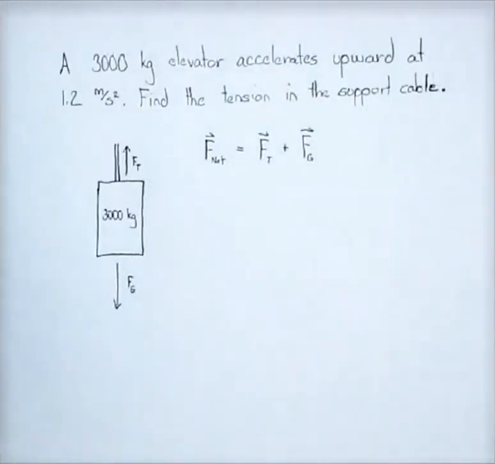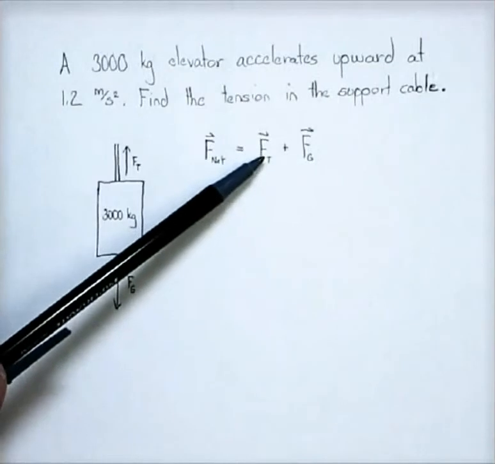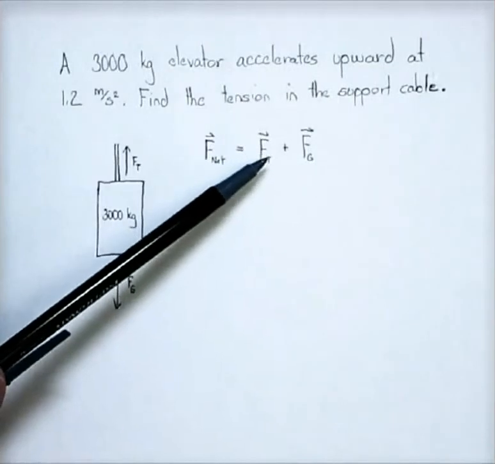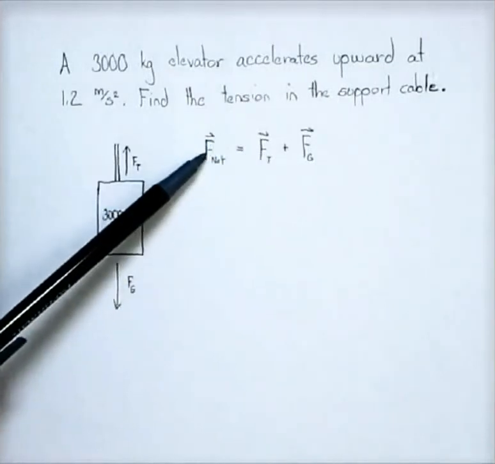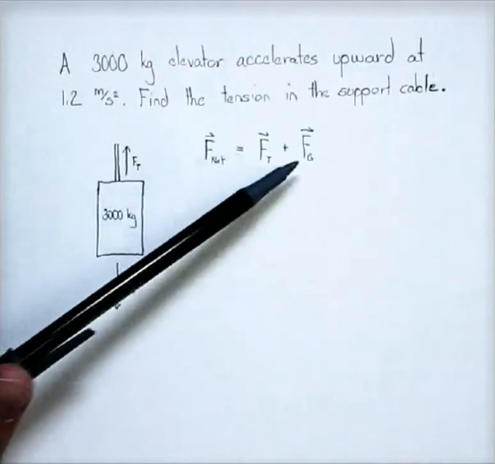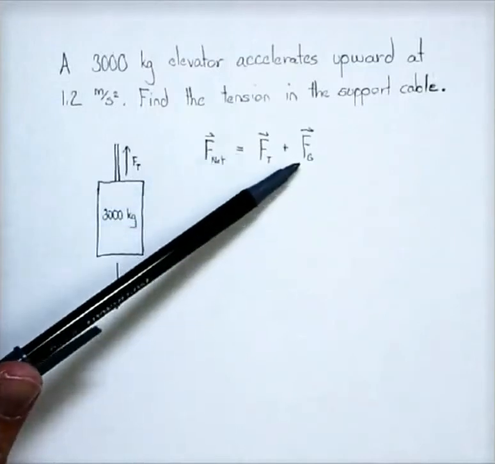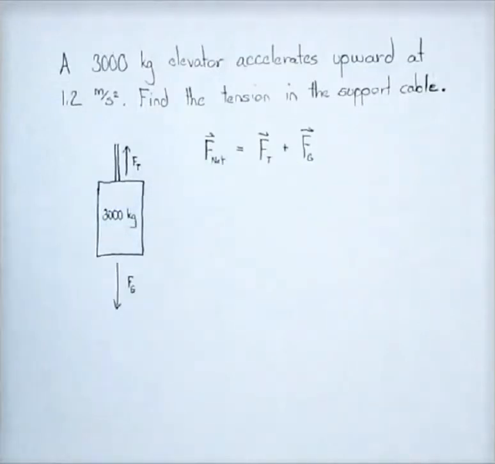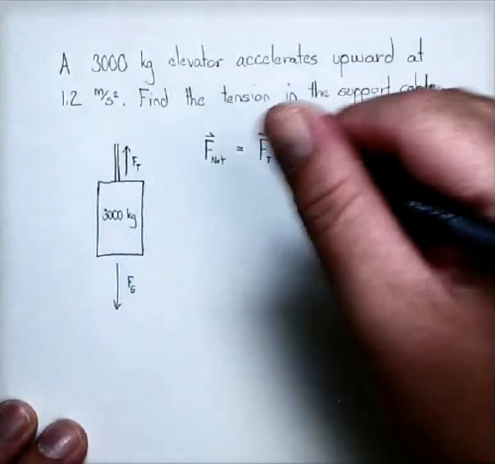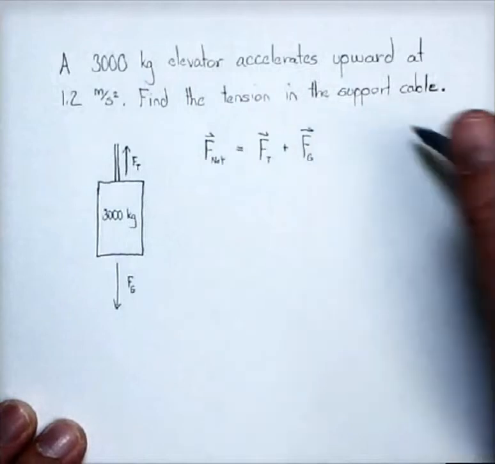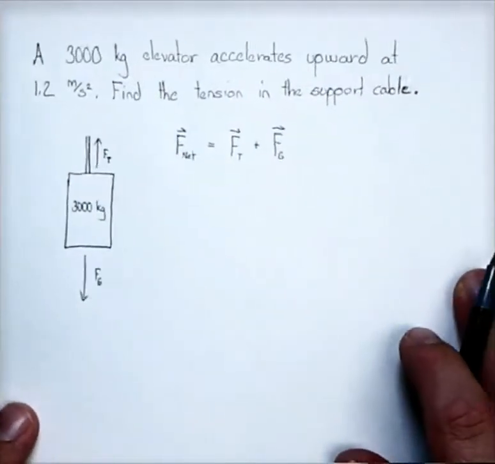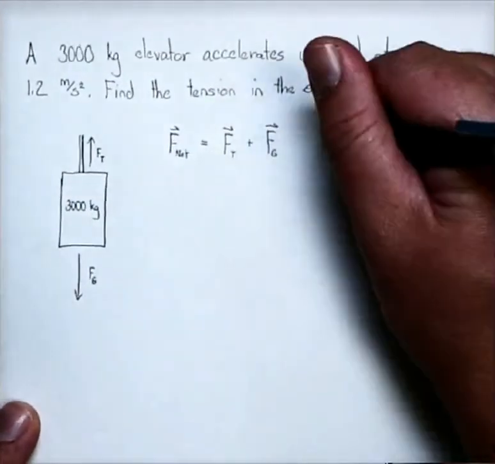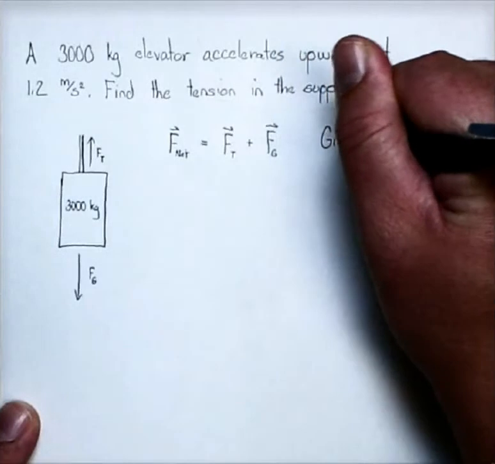And I'm trying to find the tension force, which means I need these other two parts. I need to find the net force, and I need to find the force due to gravity. And so all I do is I set about trying to find those. Let me go ahead and start our problem solving just like we always do.